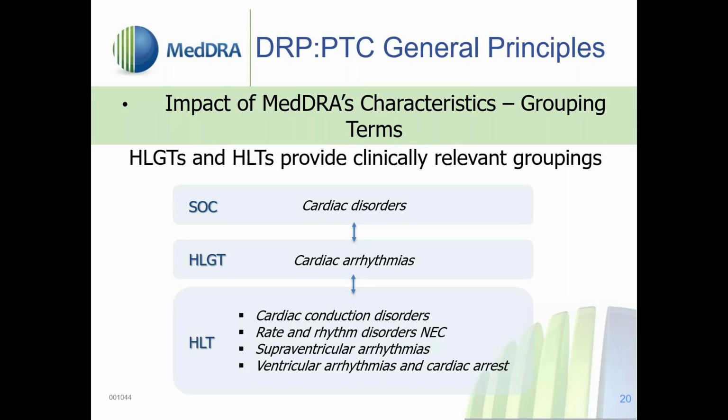So let's have a look at the hierarchy first. And you know that MedDRA is a terminology with 5 hierarchy levels, with the system organ classes on top, then the high-level grouping terms, HLGTs, and the high-level terms, HLTs. And below that, we would have the PTs, the preferred terms, and the coding level, the lowest level term, the LLTs.